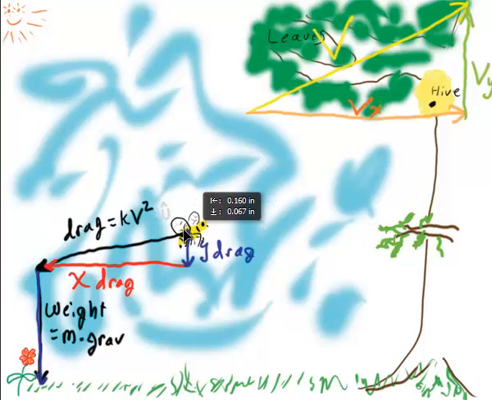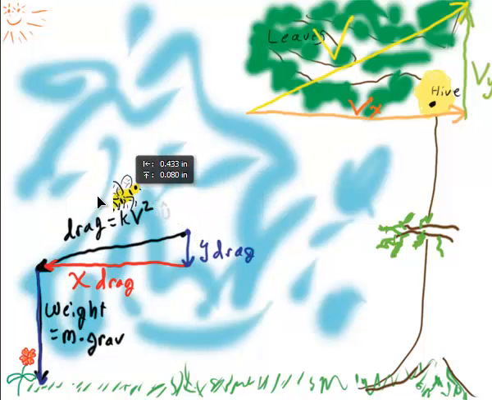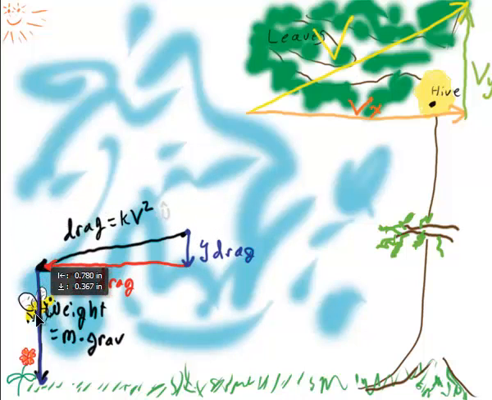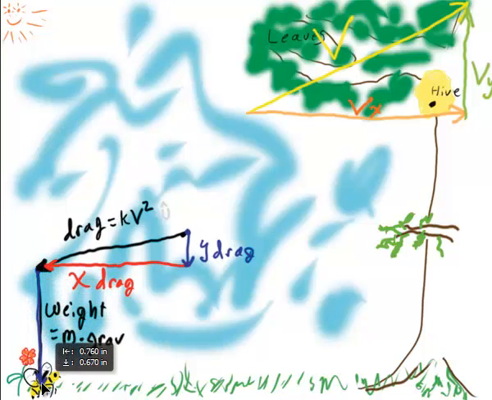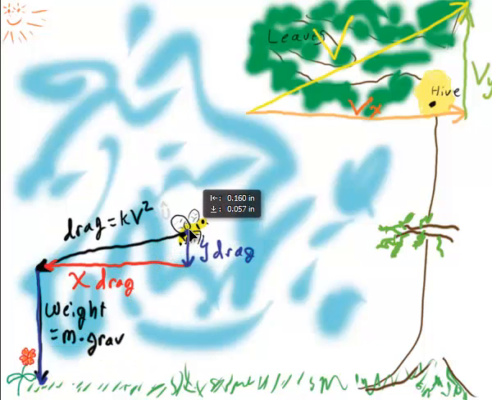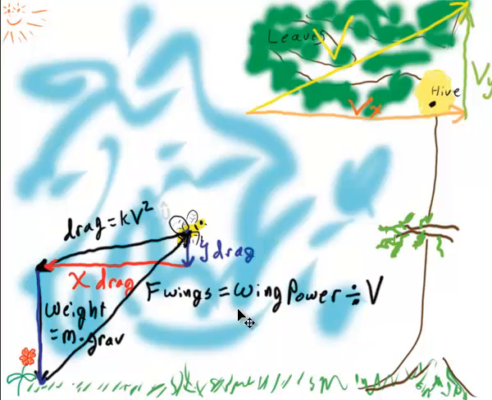We find the tail of the first vector that we're going to add to the tip of the other, and then put the tail of the next vector we're going to add to the tip of the first one, and then when we get to the tip of the last vector we added, then we add the one that gets us to our final point, which in this case is right back to where we started, which is our force wings. And the force wings equals wing power divided by velocity.